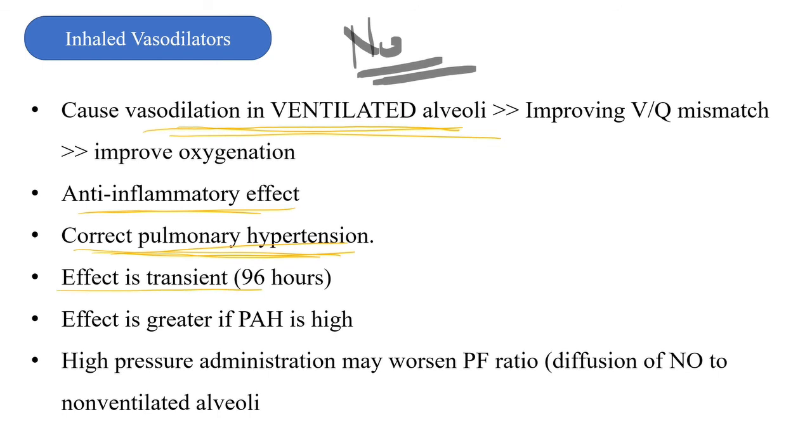It lasts for only 96 hours, and the effect is greater only if there is pulmonary hypertension, and high pressure administration of the nitric oxide may result in vasodilation not only for the ventilated alveoli, but it might cause vasodilation of the unventilated alveoli, and this could worsen the PF ratio.